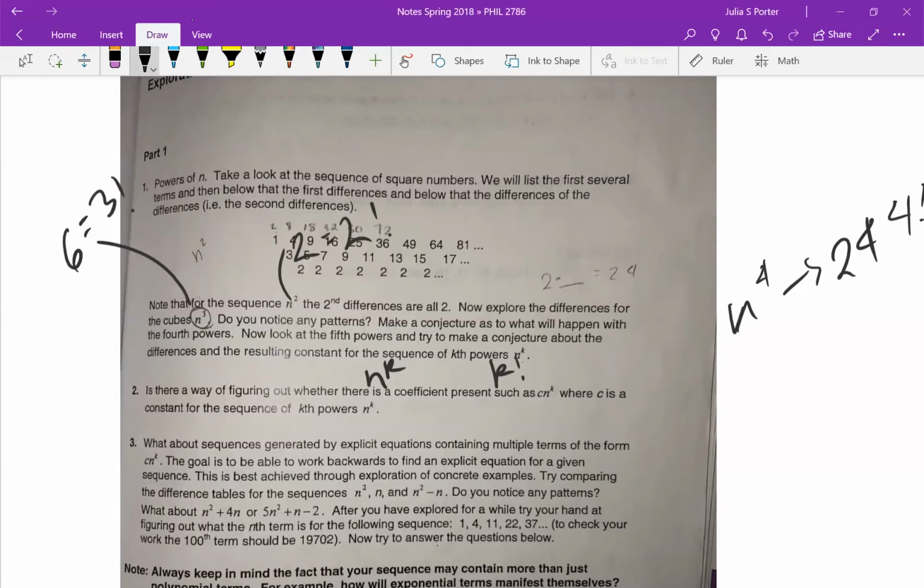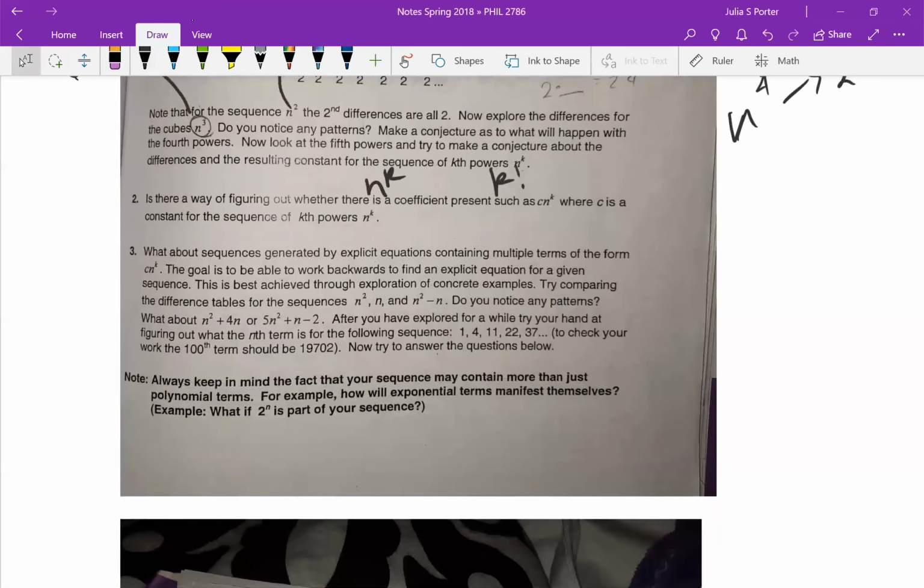And then in the rest of this exploration, we go for higher powers. We go for what happens if you add a second term or if you add a leading coefficient. And using the repeated reasoning, we find a new generalized term.